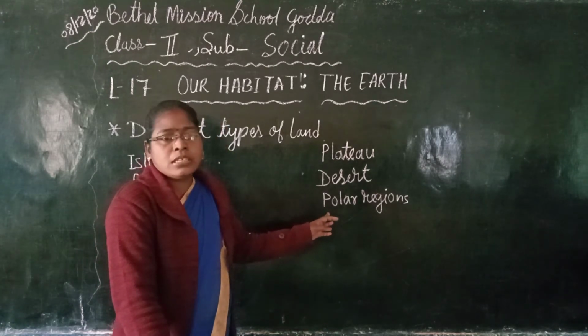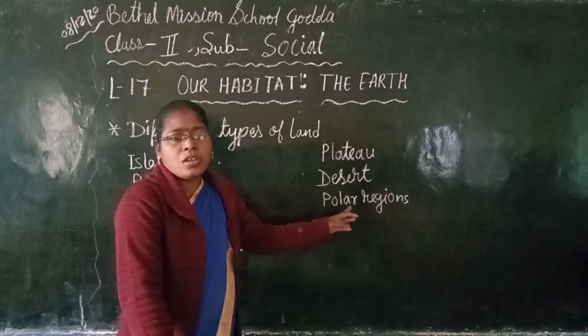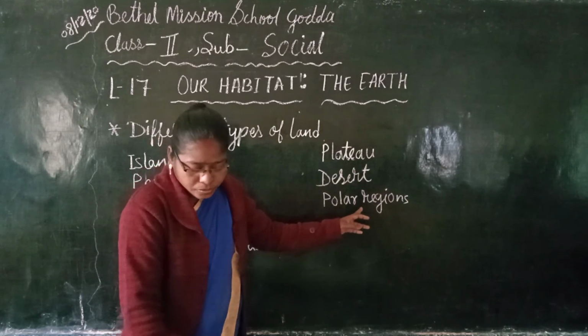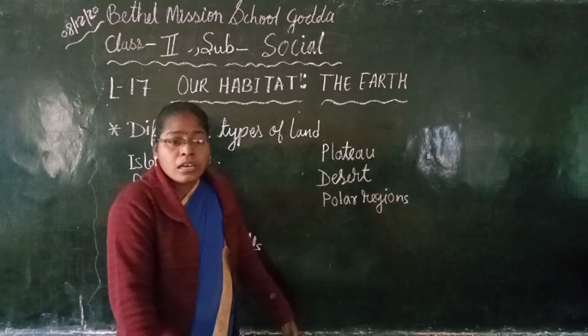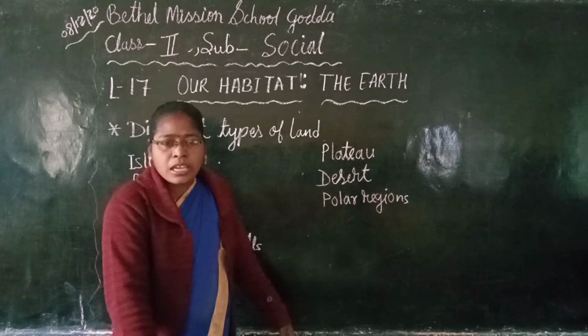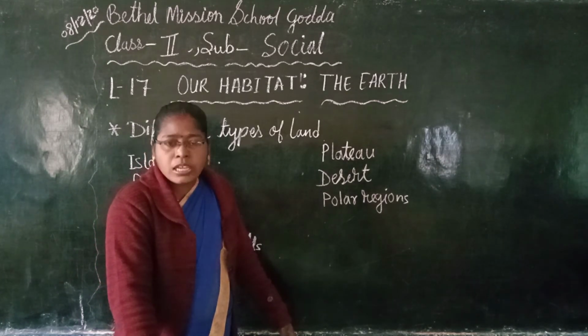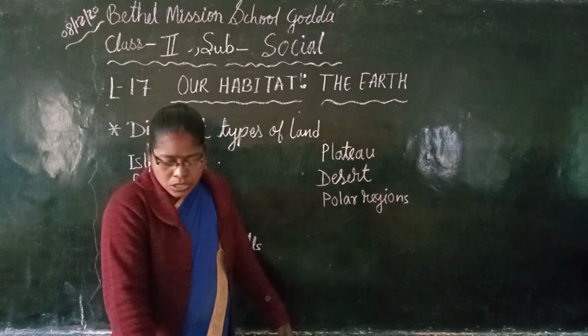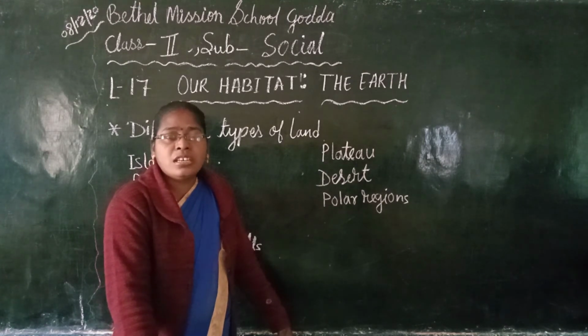Now, the last one is polar region. On our earth, the north and south poles remain snow covered throughout the year.